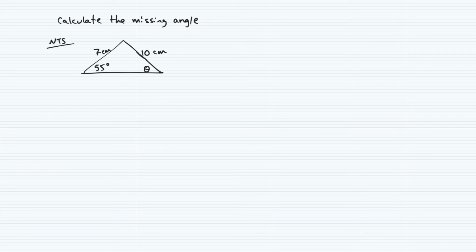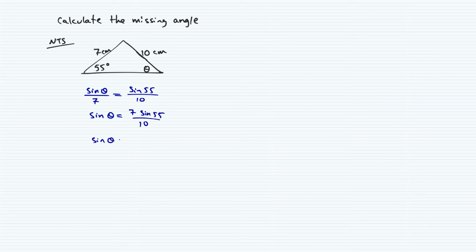So we know that sine theta over its corresponding side, which is 7, is equal to sine of 55 over its corresponding side, which is 10. Rearrange this and we get sine theta is equal to 7 times sine 55 over 10.